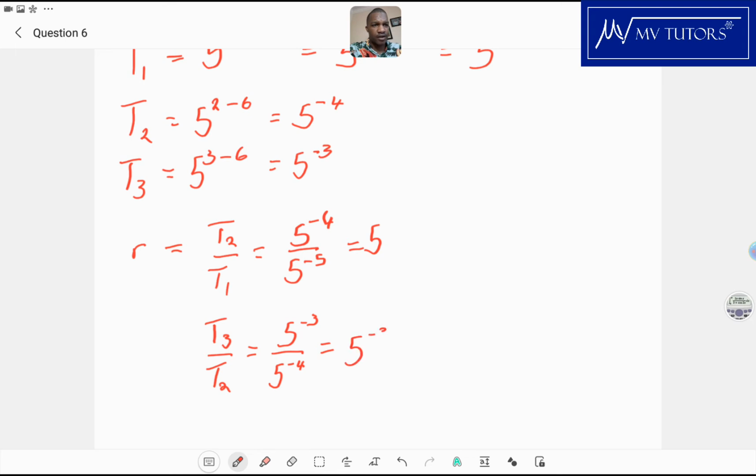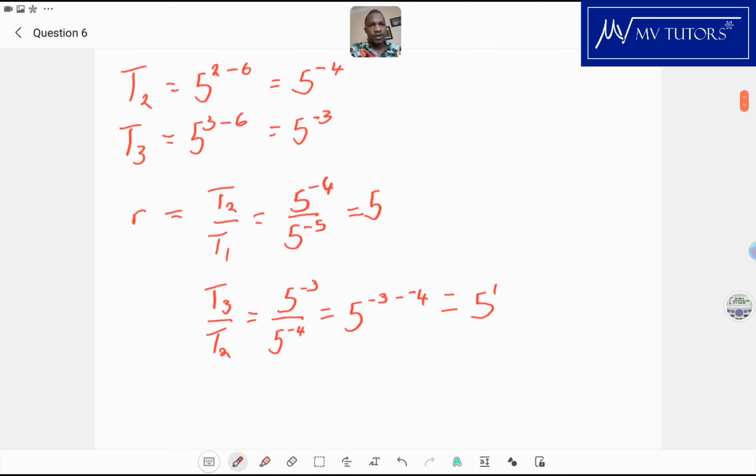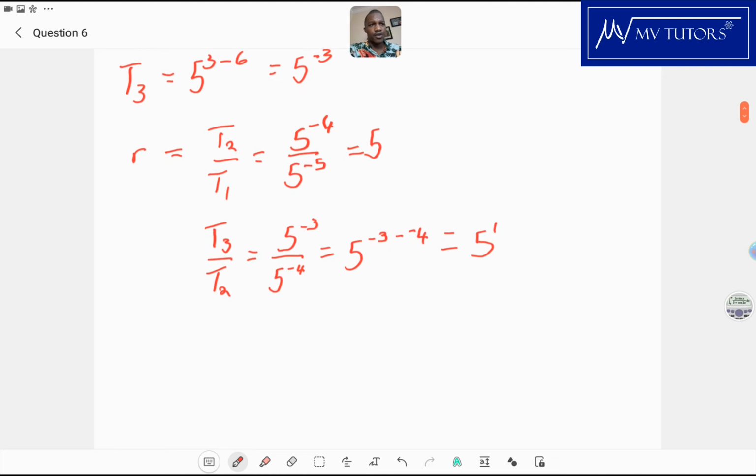Where it's minus 3, anything at the bottom, it's minus 4, which gives us 5 to the power 1, because minus 3 minus minus 4 gives you 1. Those are just rules of exponents, but you can put it in your calculator since you're allowed to bring it in the exam room for these type of questions.